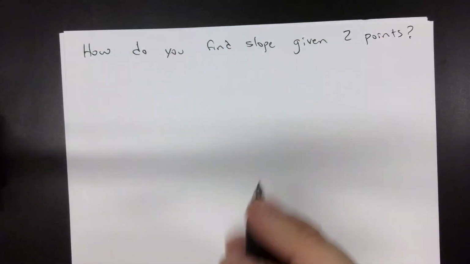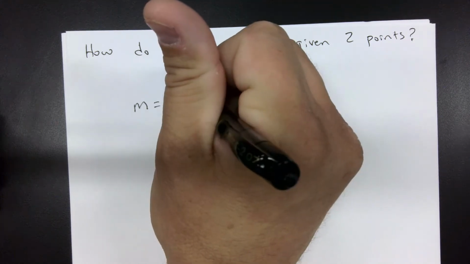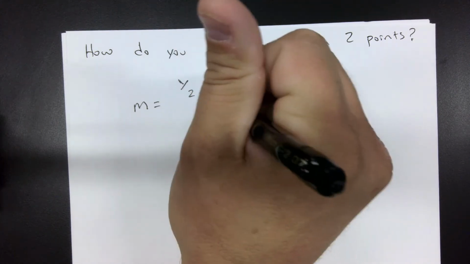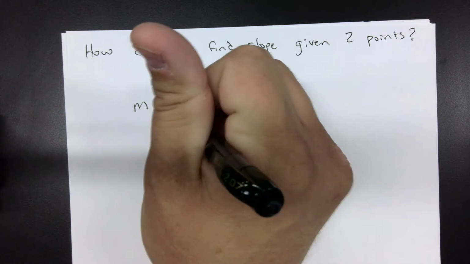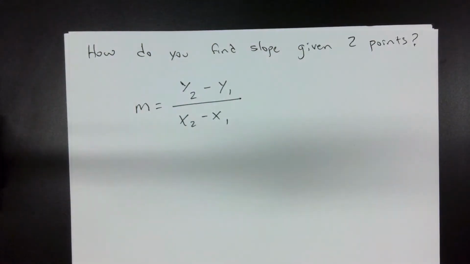The formula to be able to find slope is m equals y2 minus y1 over x2 minus x1.